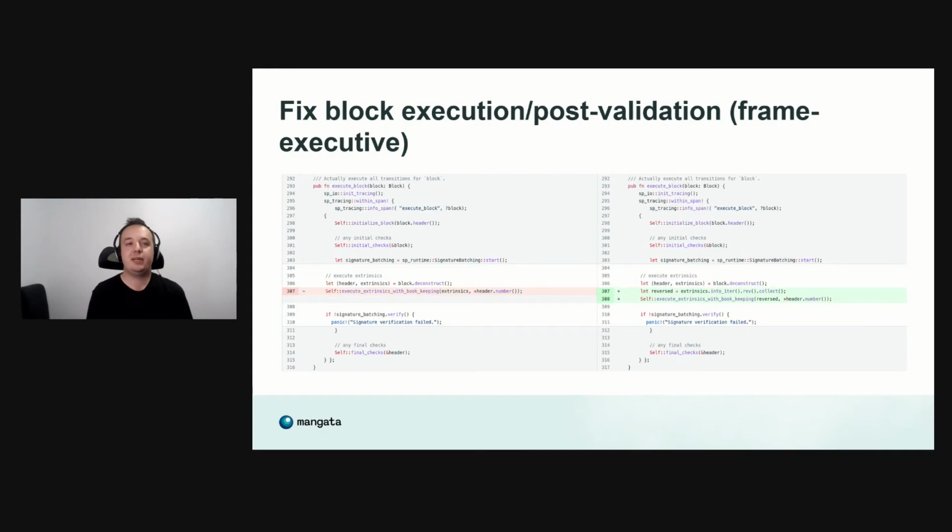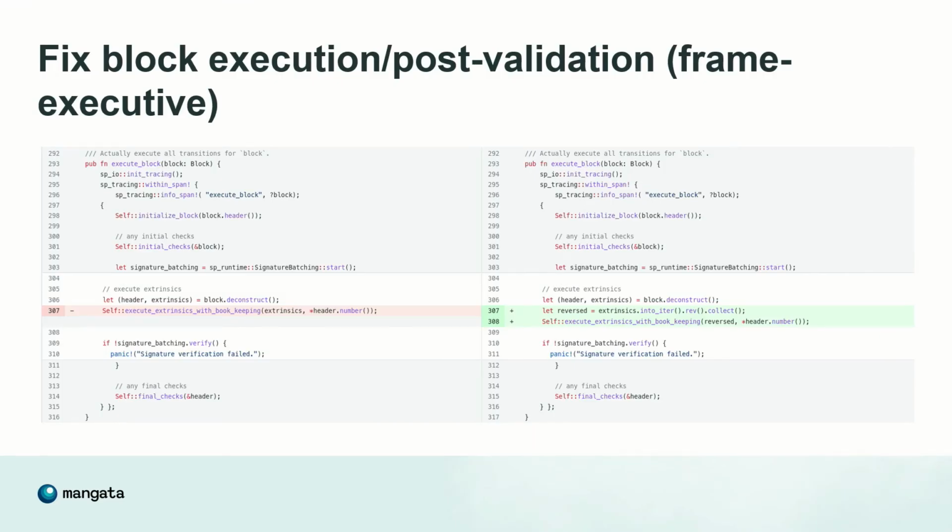To fix that problem, we need to dig into frame executive, and it's also not very complicated. When we pass the block to the runtime part of the node, and we fetch the list of extrinsics that are inside that block, we just need to reverse them and execute them in reverse order, the same way we are doing it in the block builder crate.